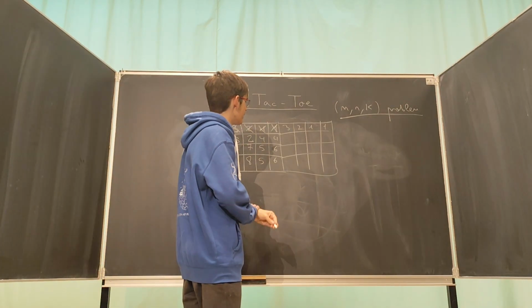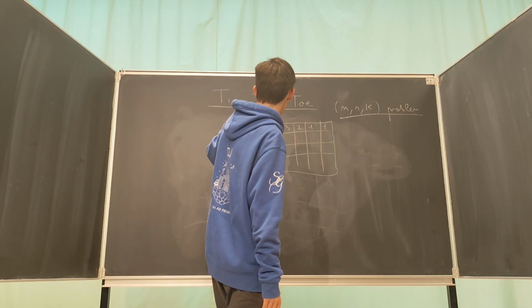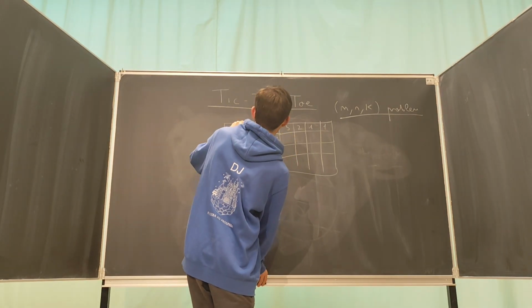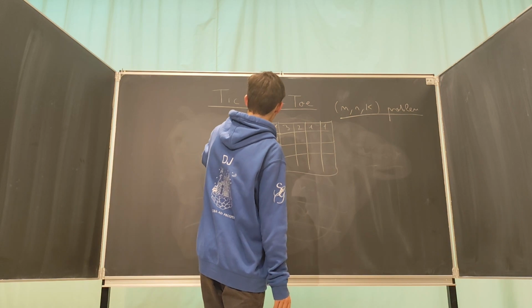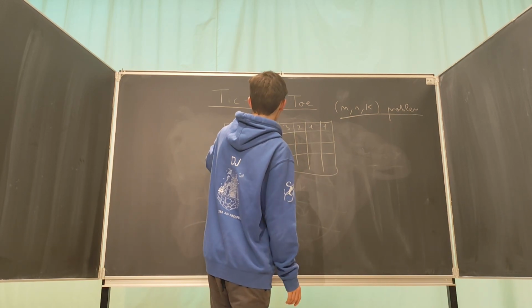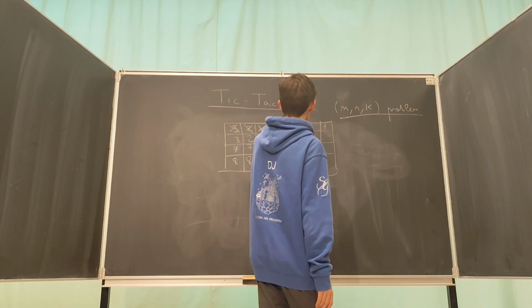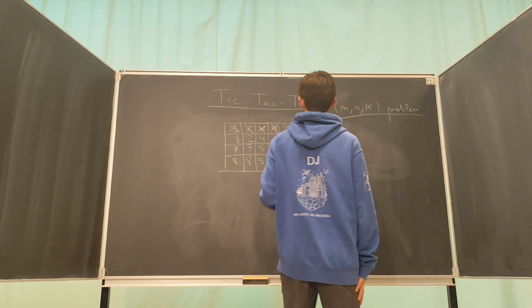And here you see that, for instance, player 1 can never achieve this square, this square, this square, this square, and this square.